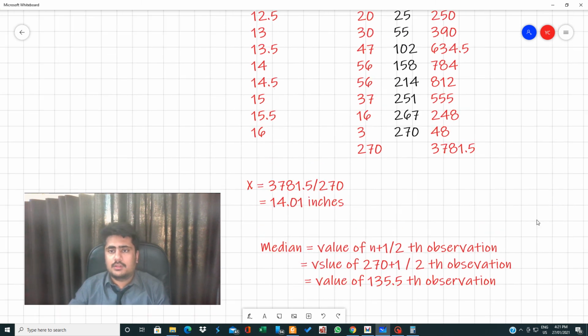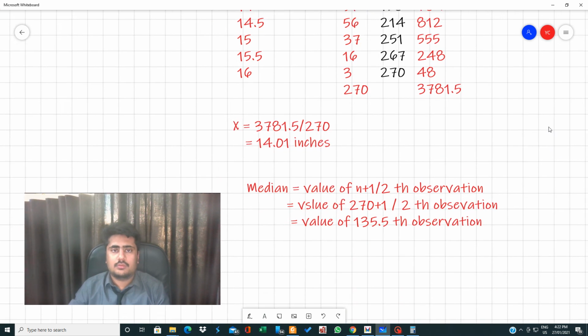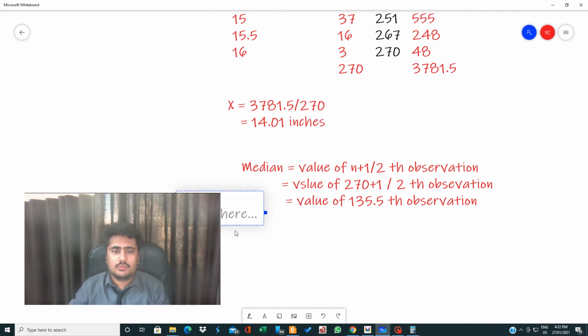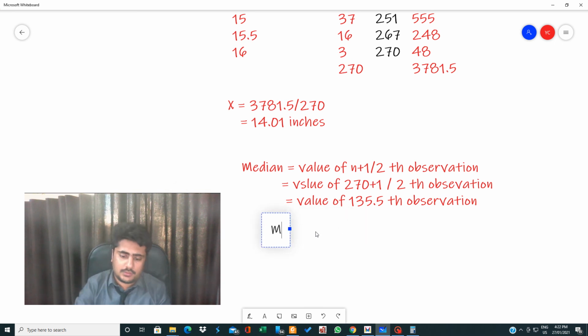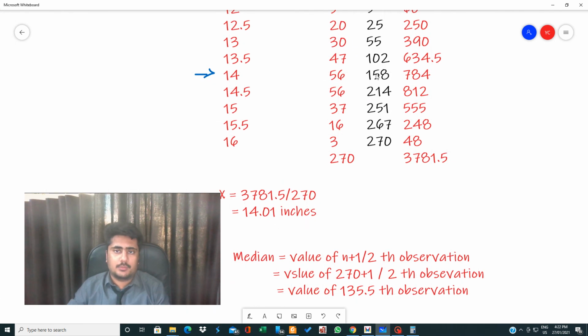Now this is the 135.5th observation. So my median is, the median is quite easy, as you can see 135.5 belongs here.